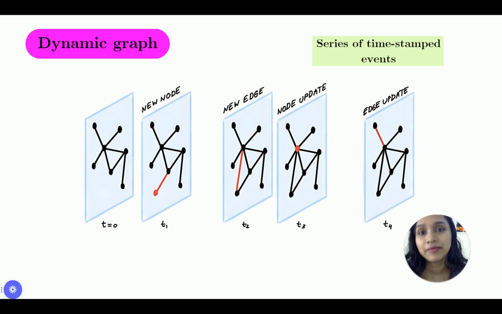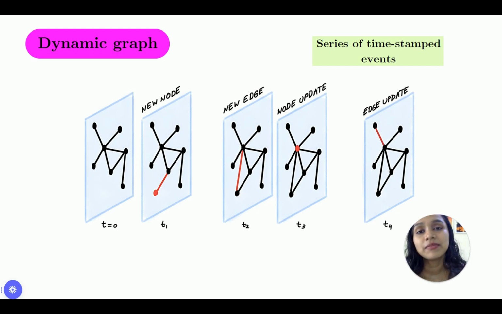Whereas in a discrete time dynamic graph, different static graphs are stacked together, and when we view them one by one, we feel it is changing. Such a graph is called a discrete time dynamic graph where the events are the snapshots of static graphs, whereas in a continuous time dynamic graph, it is the series of time-stamped events.